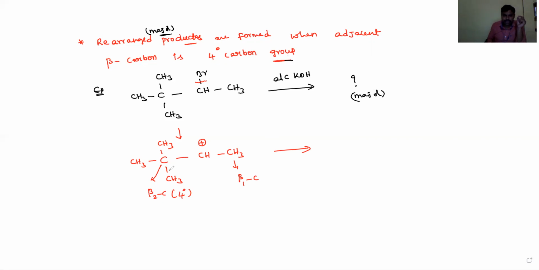Because three methyl groups are present, one methyl will shift, a 1,2 methyl shift. Because that quaternary carbon has no hydrogen atom, the methyl group shifts and produces a tertiary carbocation. A more stable carbocation forms, a new carbocation intermediate.